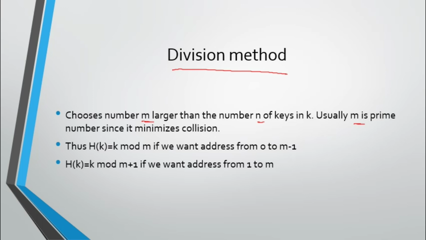So this is the function: h of k is equal to k mod m, where k is the key and m is a chosen prime number.